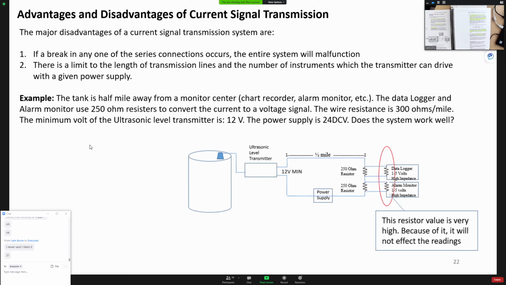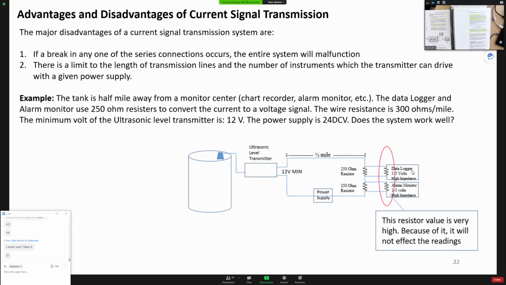So the first calculation example is down here. We have a tank with a certain type of liquid for an industrial process, and we use an ultrasound level transmitter. This ultrasound level transmitter is going to measure the liquid level inside the tank and convert it into a 4 to 20 milliamp current signal.